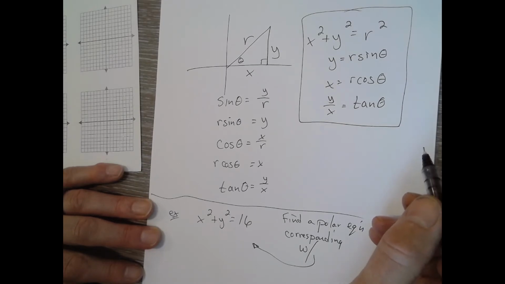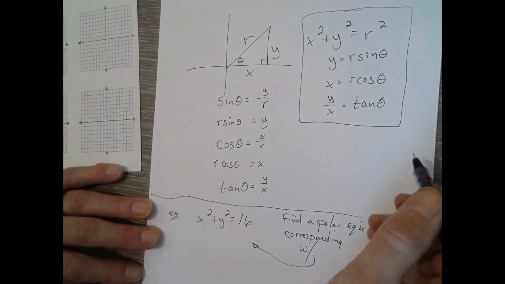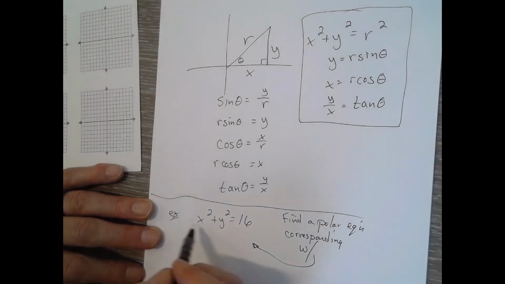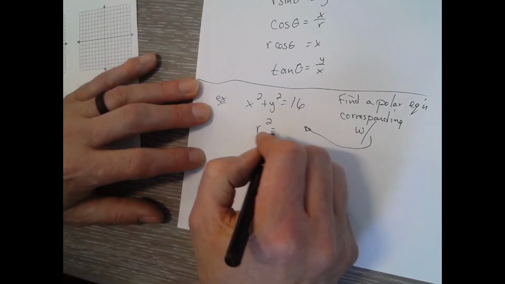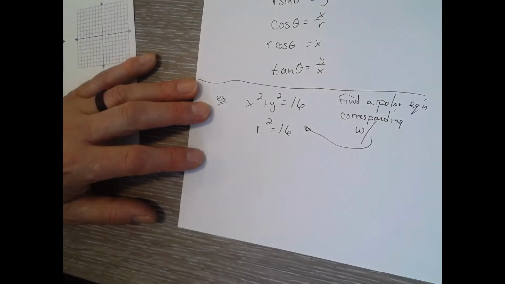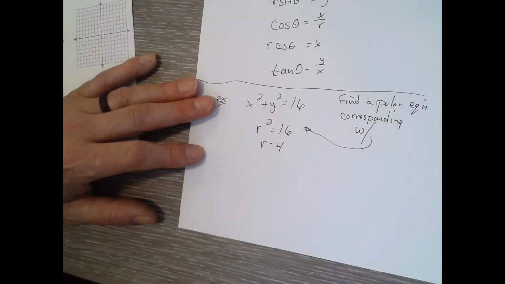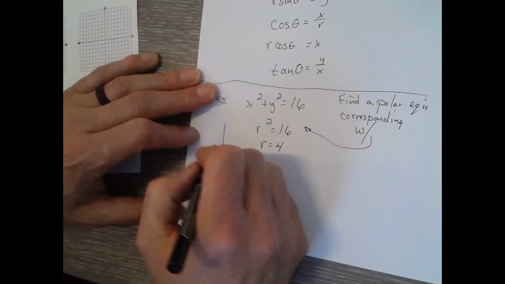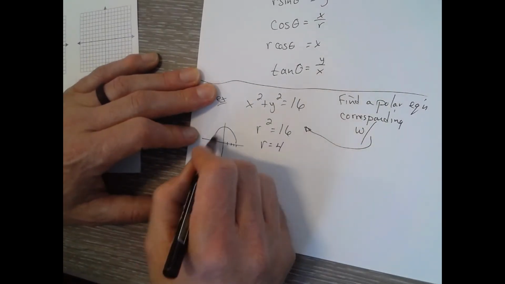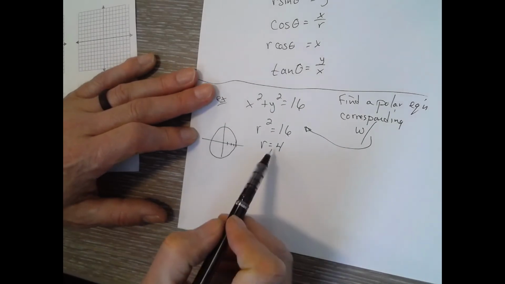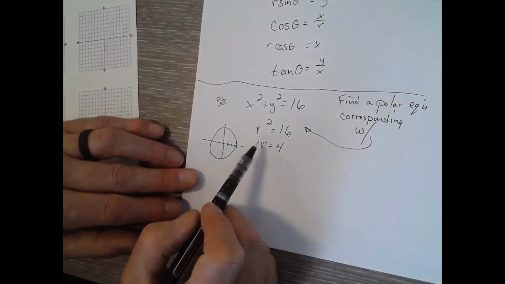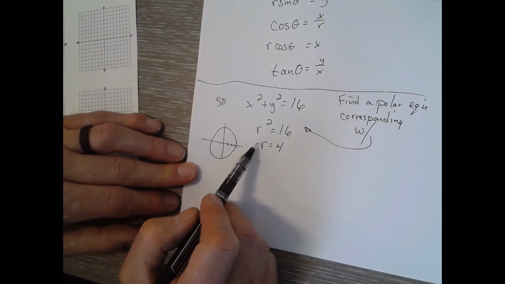What's x squared plus y squared equal to? R squared. That's the easiest thing to do. Just say, oh, look at it. That's an r squared right there. So I have r squared equals 16. And then you could just square root, so r equals 4. Now it's not plus or minus. So this right here are all points that have r, or a distance, equal to 4.